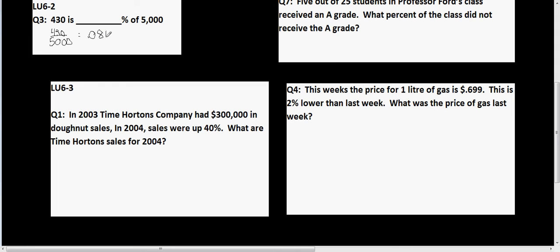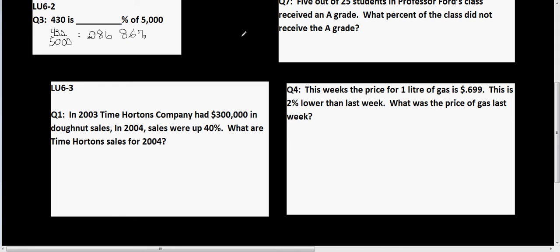But we're sitting here with a decimal. This is not a percent yet. In order to make it a percent, you have to move the decimal over 2 spots and then add your percent sign. 8.6%. 430 is 8.6% of 5,000.